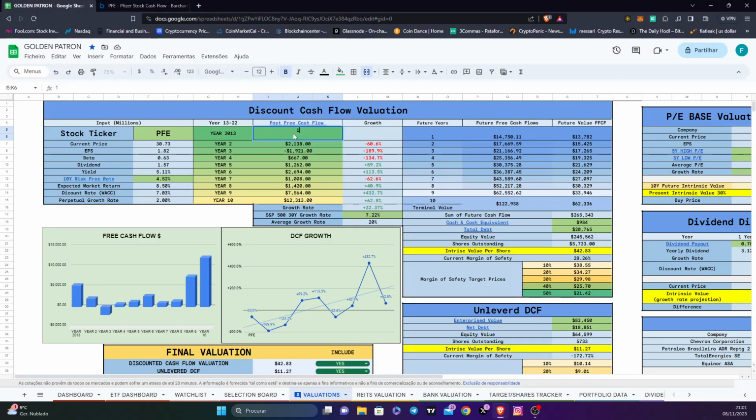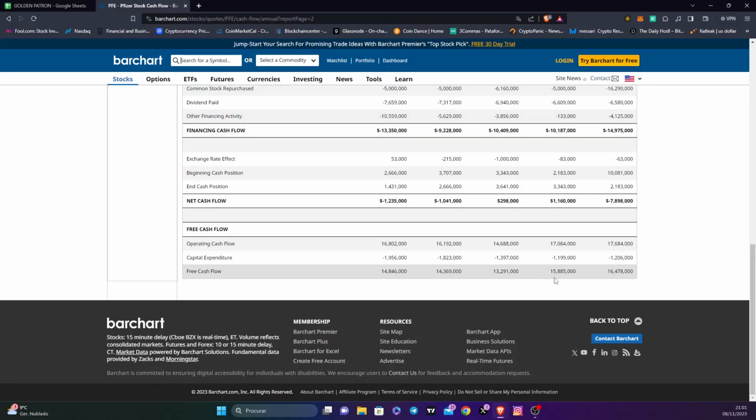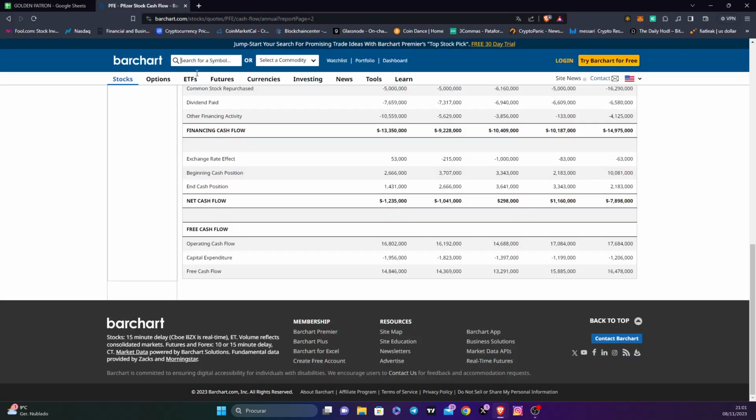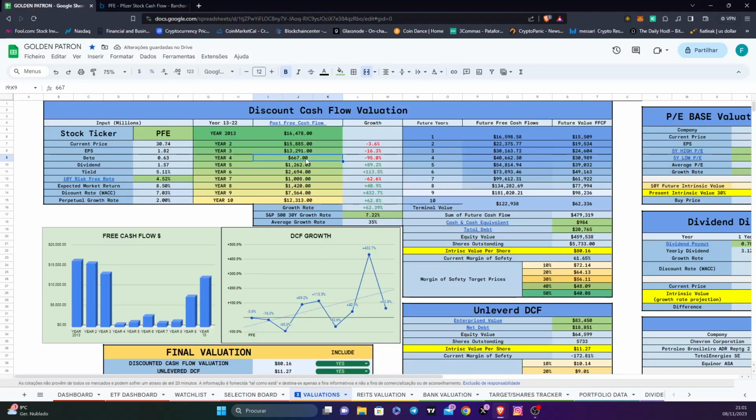16,478, and just fill it all in. 15,885. 13,291. 14,369.